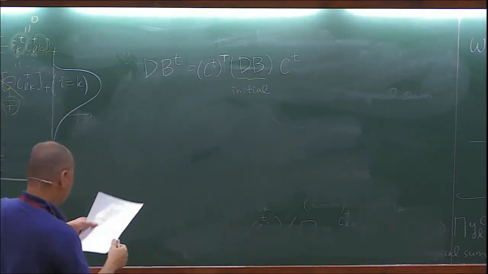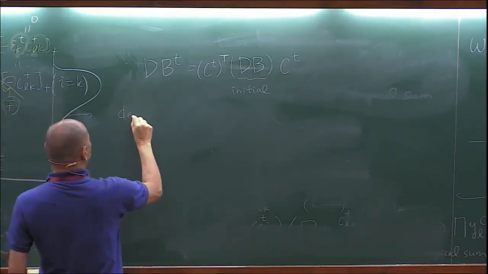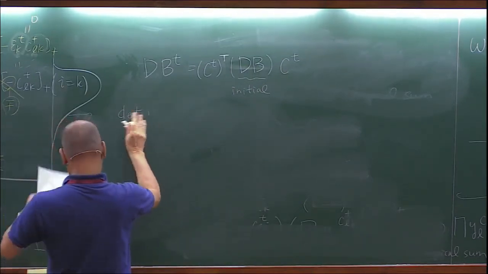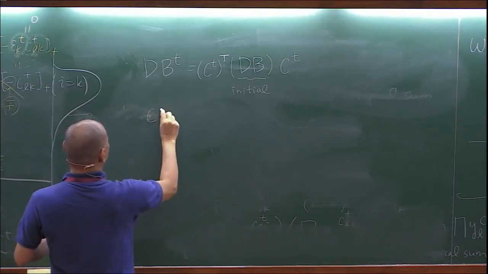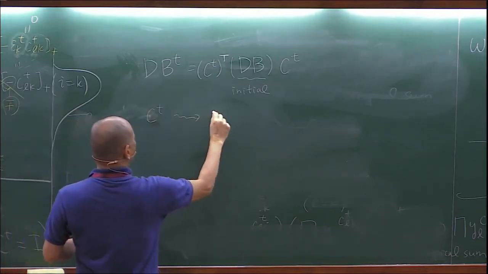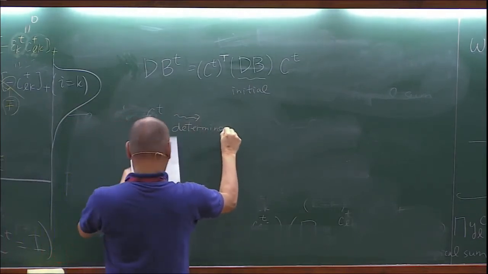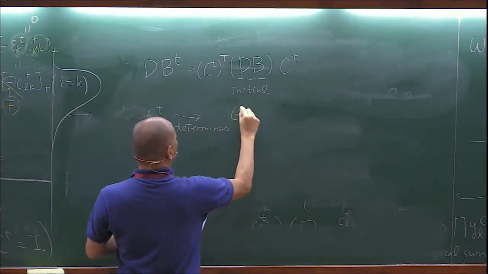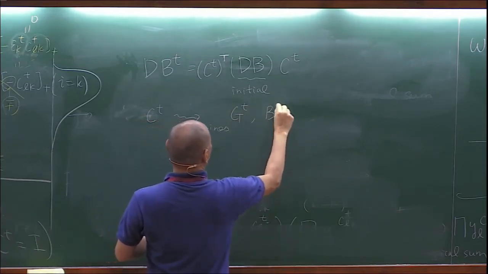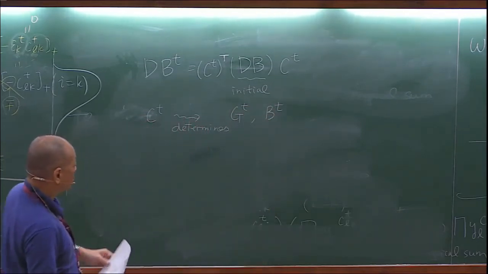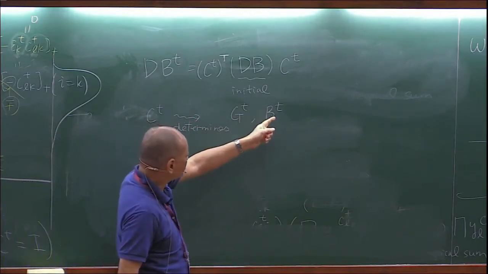So what we have accomplished so far is, if you have a C matrix, it determines uniquely the G matrix and also the B matrix. So these are already important elements of our seed.